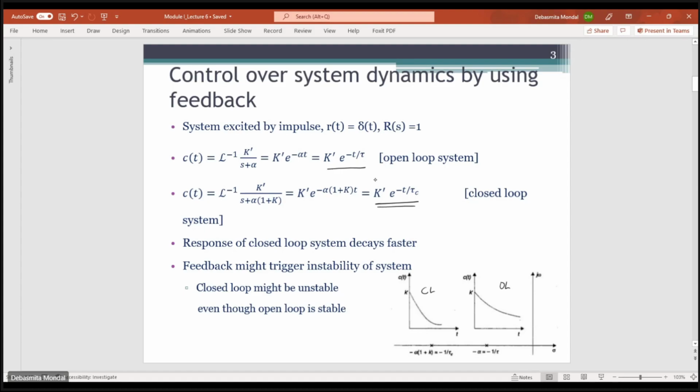So what is the criteria for choosing this value of H? The design specification is that H(s) should have very low parameter variations. So it should not be affected by any kind of external environment.